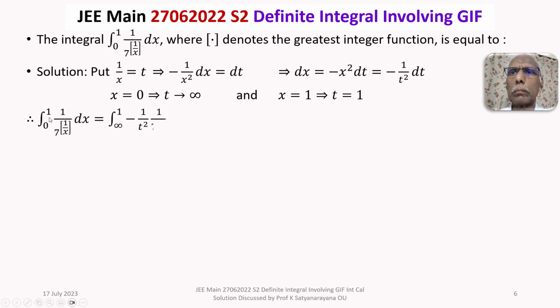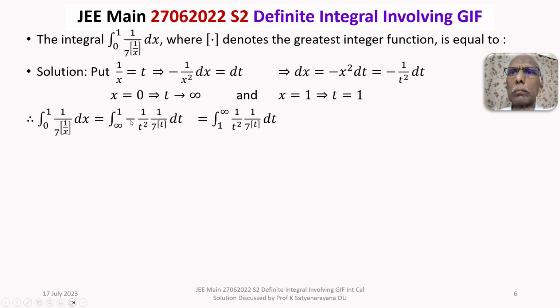Then the given definite integral from 0 to 1 of 1 by 7 to the power of bracket 1 by x dx is equal to the transformed integral, from infinity to 1. For dx we have written minus 1 by t square dt, into 1 by 7 to the power of bracket t, because bracket 1 by x is bracket t.